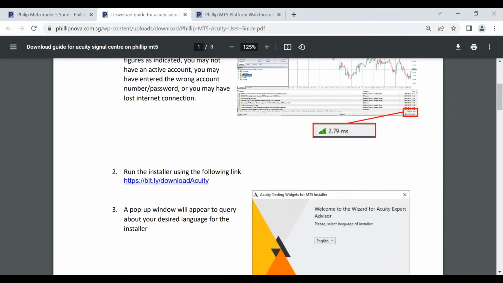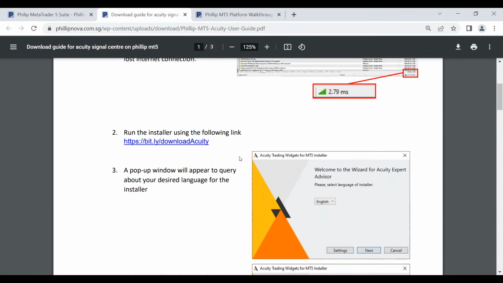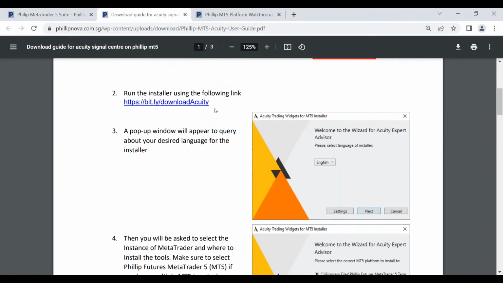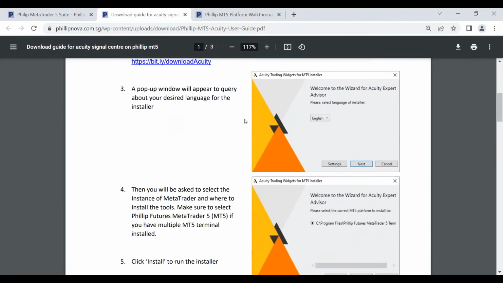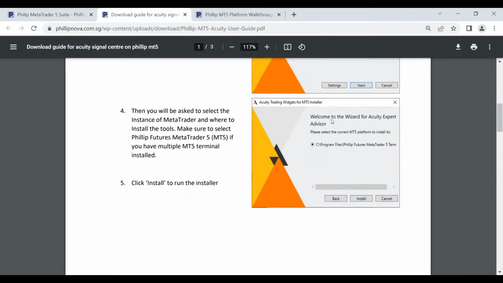Once that is done, you can easily install the Acuity Signal Center by clicking on this link here. Once you click, give it a couple of seconds to download, and once you launch the download file, a pop-up window will appear. It should look something like this. You click next, and then it will prompt you to select the location. Normally this should be under the Phillip MT5 drive.